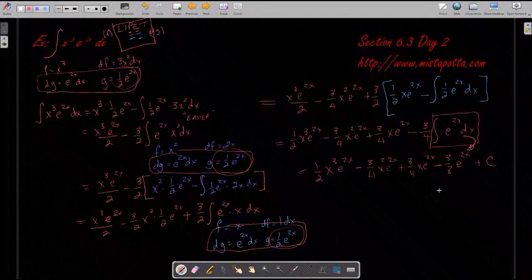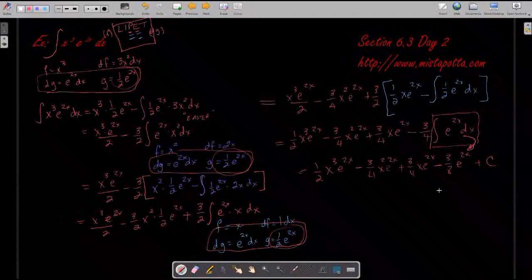So it may be necessary to do integration by parts multiple times, especially if you have a large polynomial times a trig function, or a large degree polynomial times an exponential function. But just realize that every time you do it, you're going to decrease the degree by 1.